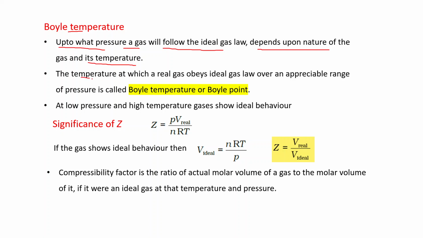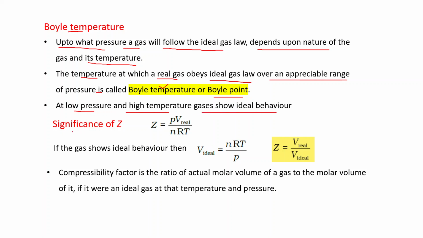The temperature at which a real gas obeys the ideal gas law over an appreciable range of pressure is called Boyle temperature or Boyle point. At low pressure and high temperature, gases show ideal behavior.